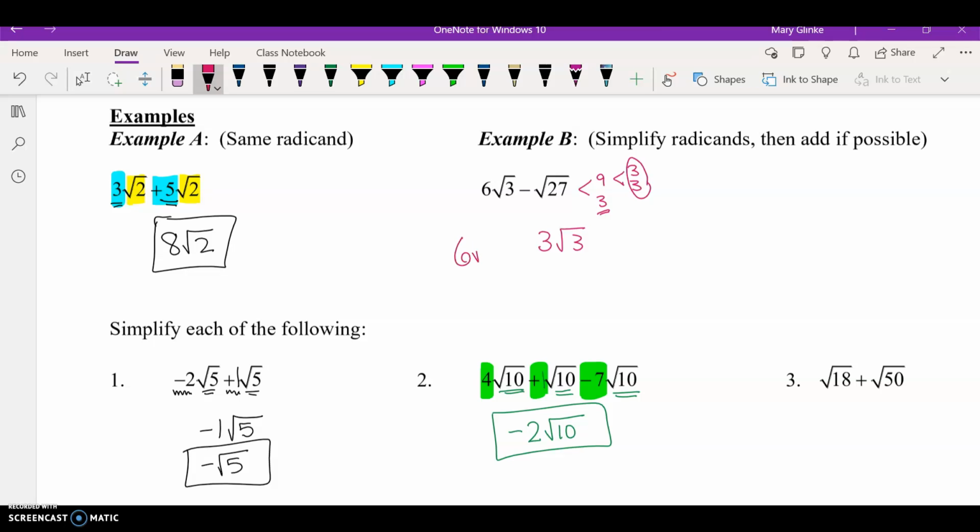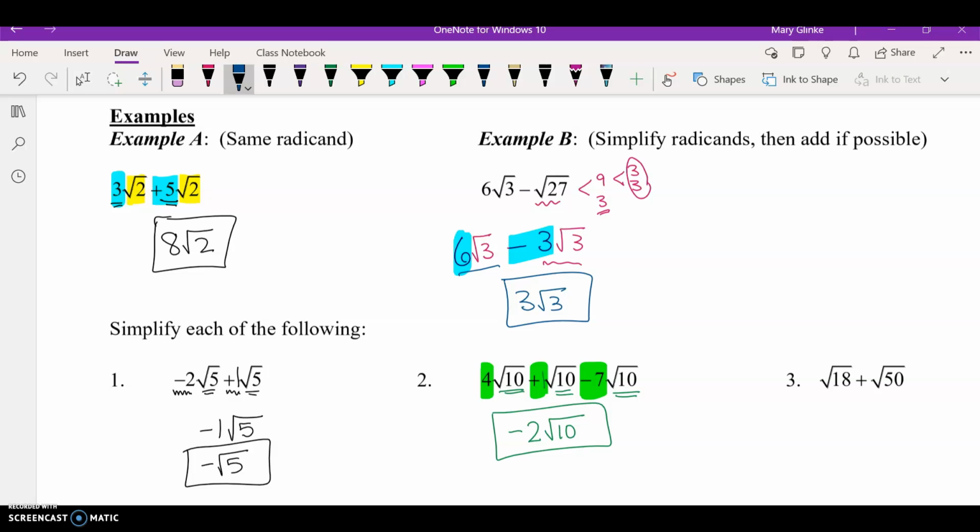So this problem really is saying 6 root 3 minus 3 root 3. And by rewriting it in its simplest form, now we see that they're like terms, so we can combine them together. We're going to do 6 minus 3 to get 3. And our term here is root 3, because that's what our radical was.